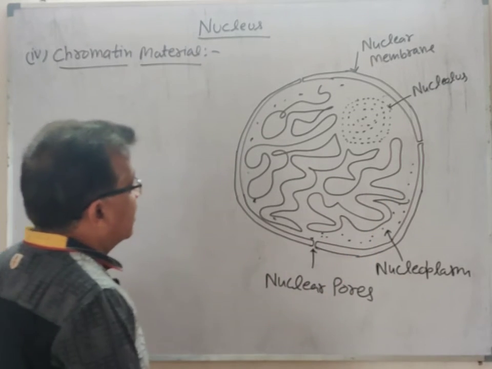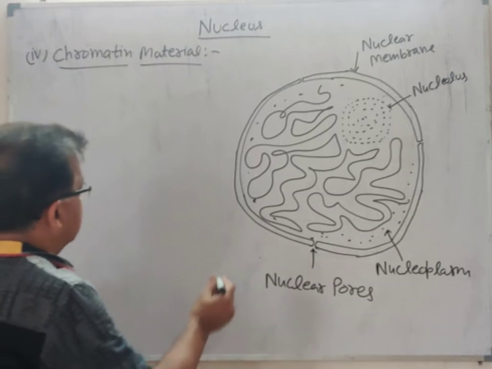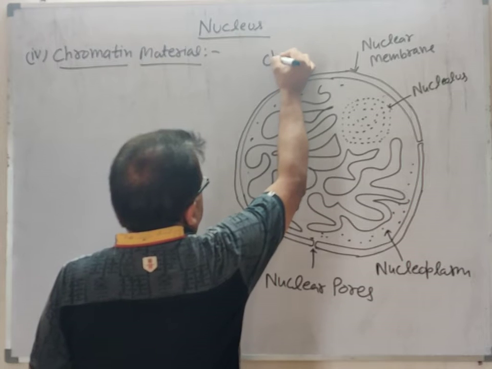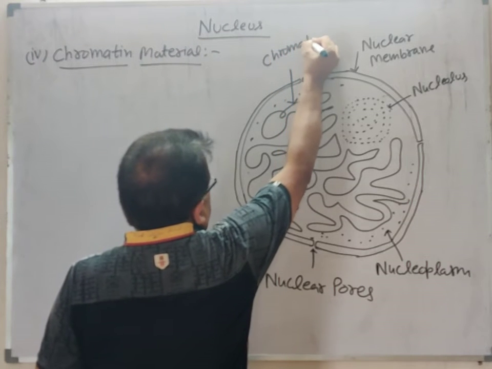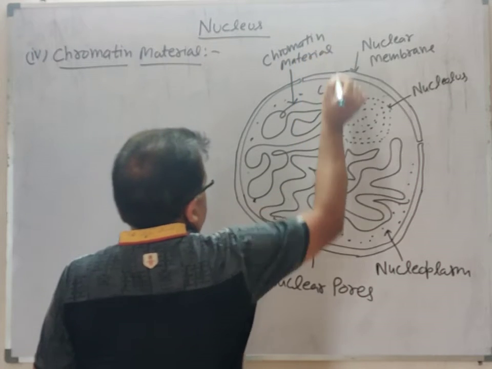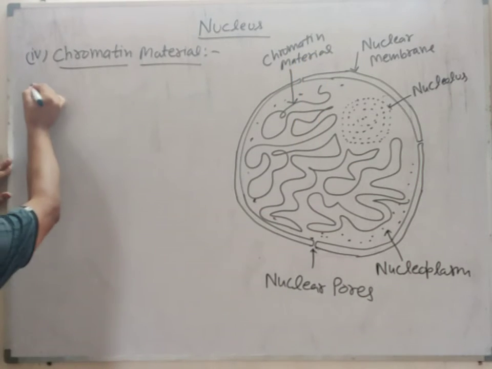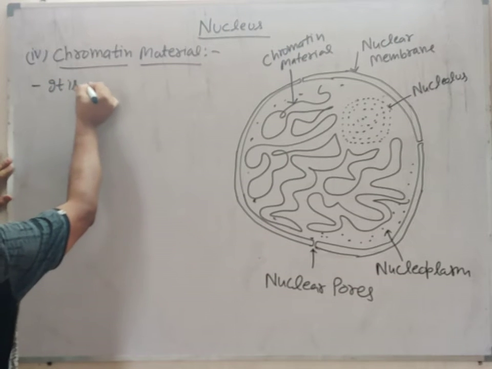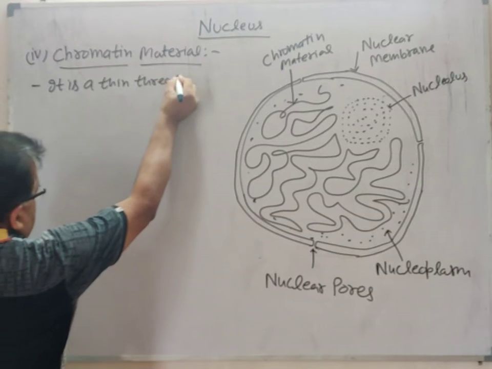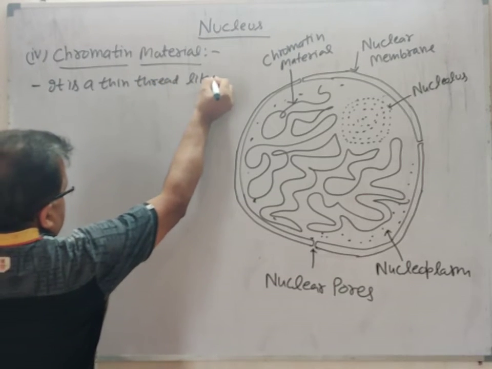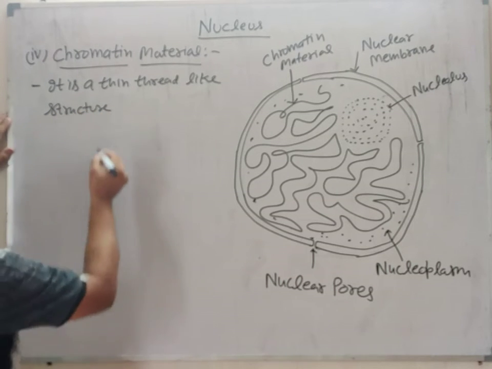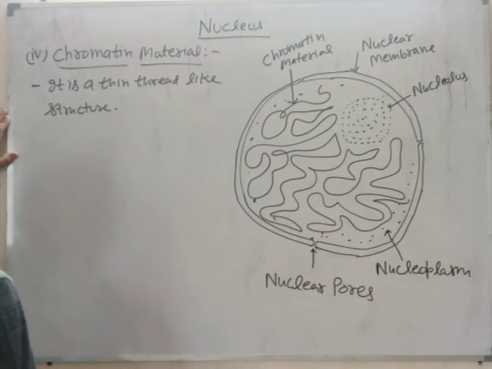So this is chromatin material. What is chromatin material? It is a thin thread-like structure. It remains entangled or tangled.